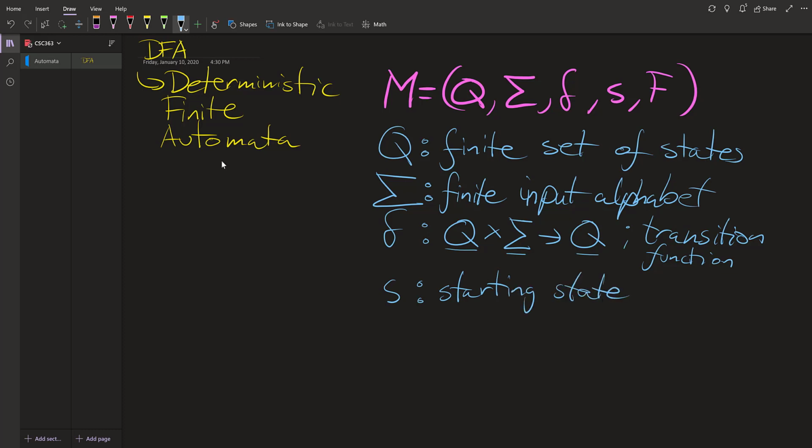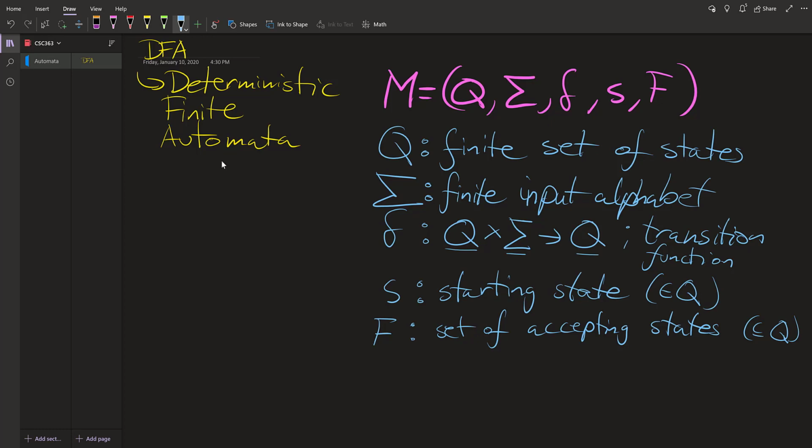And of course, this is an element of our states Q. And F is the set of accepting states. And of course, this is similarly a subset of Q, because accepting states are also states. So yeah, this is everything we need to define a DFA.